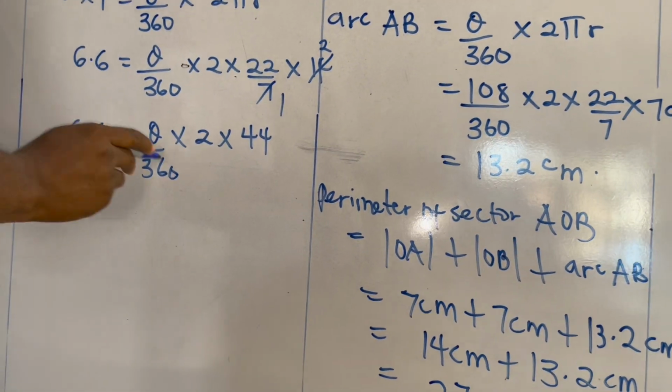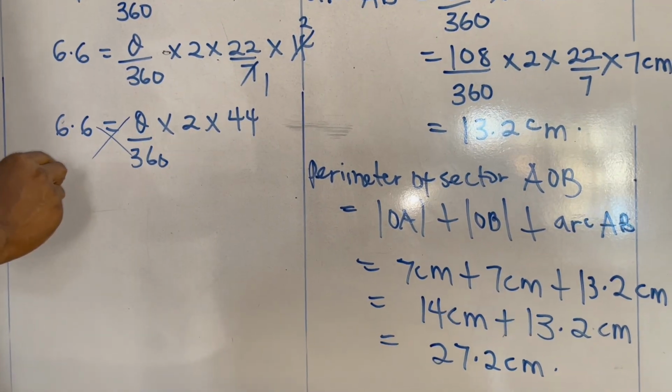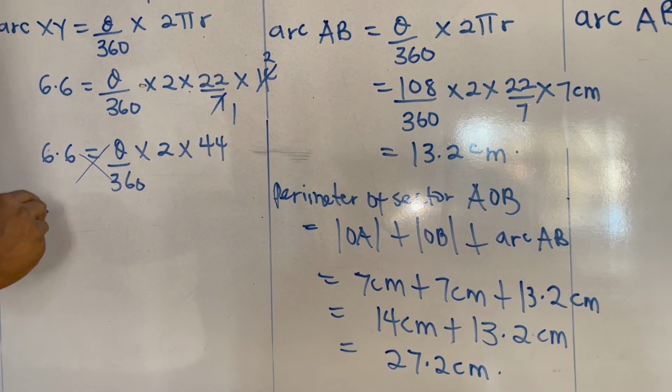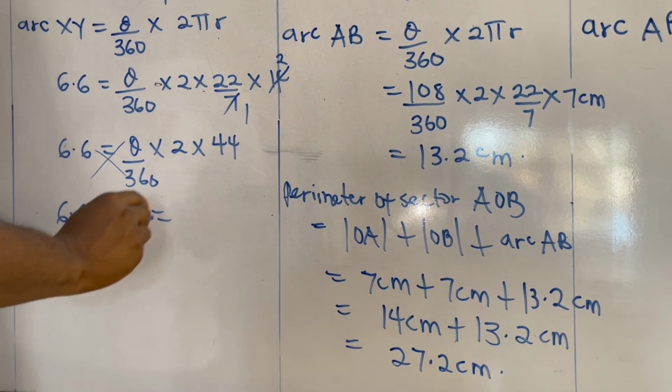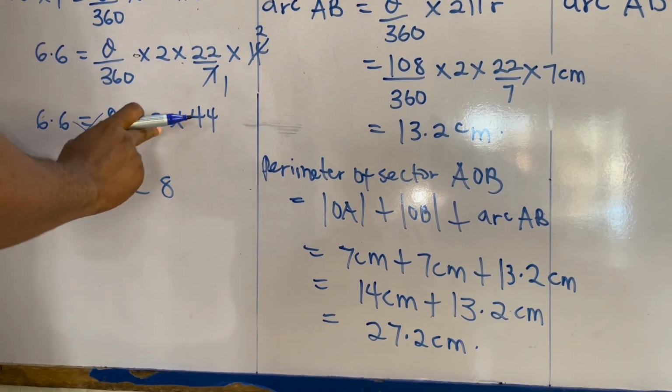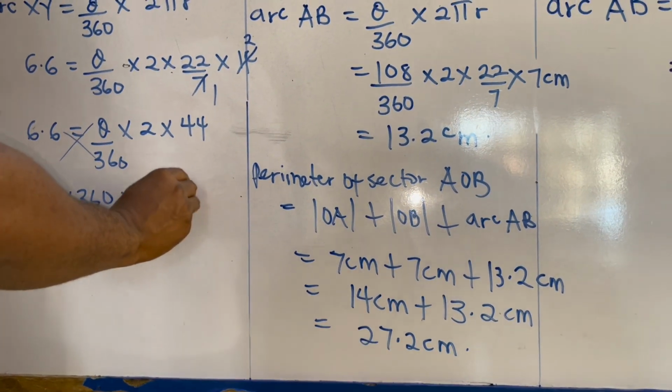Now I will cross multiply, so I will have 6.6 times 360 equals 2 times 44, which is 88, and 88 times theta is 88 theta.